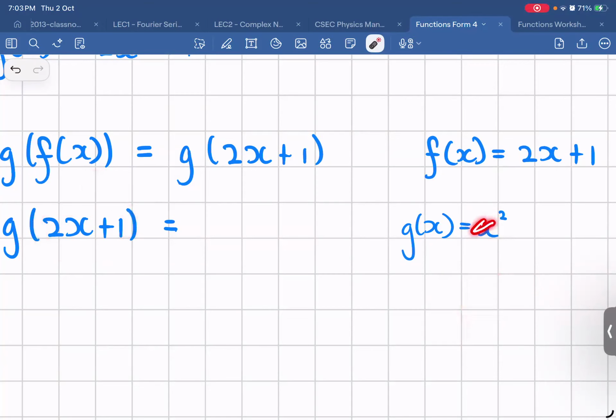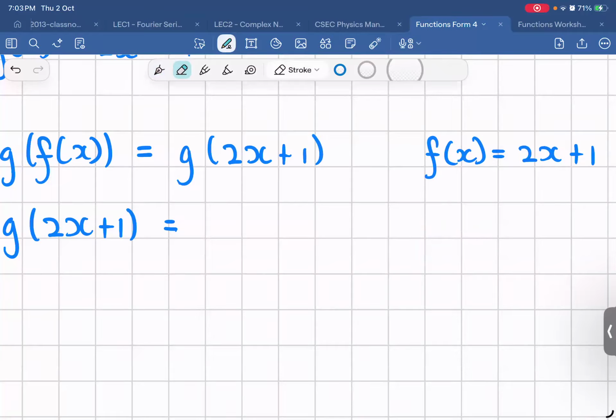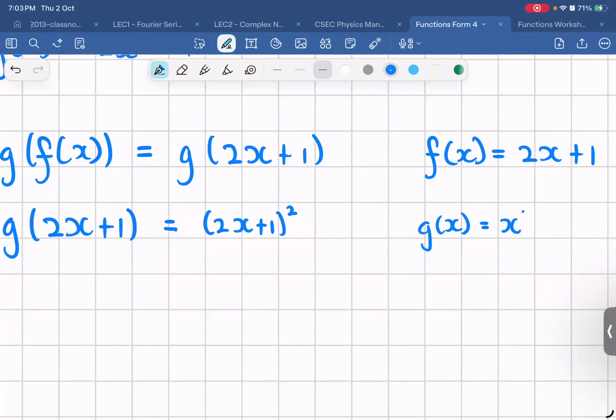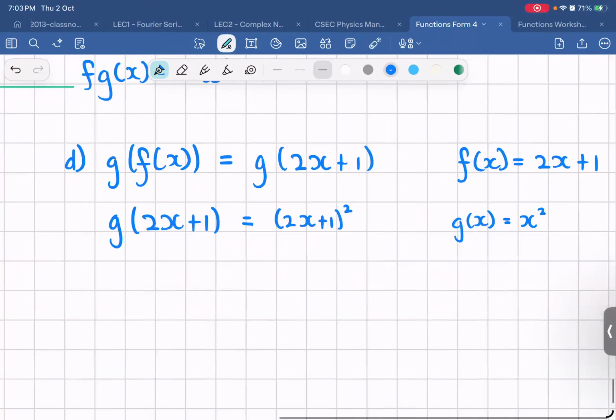So instead of writing x squared, we're going to write 2x plus 1 squared. If anybody is still confused, remember the original function for g of x was x squared, but instead of having x inside the brackets, we have 2x plus 1.